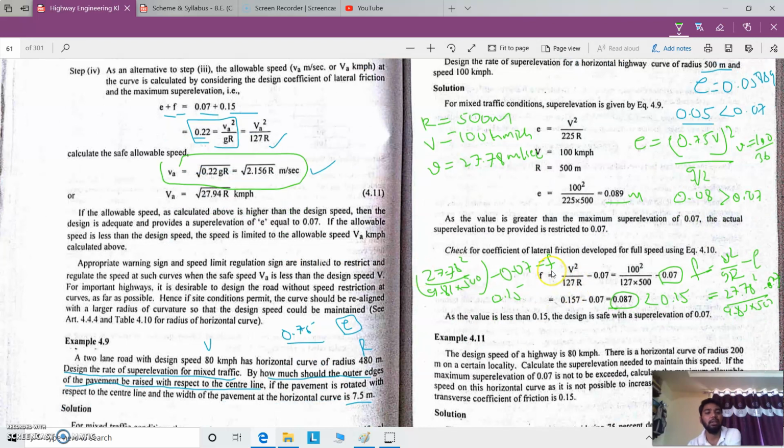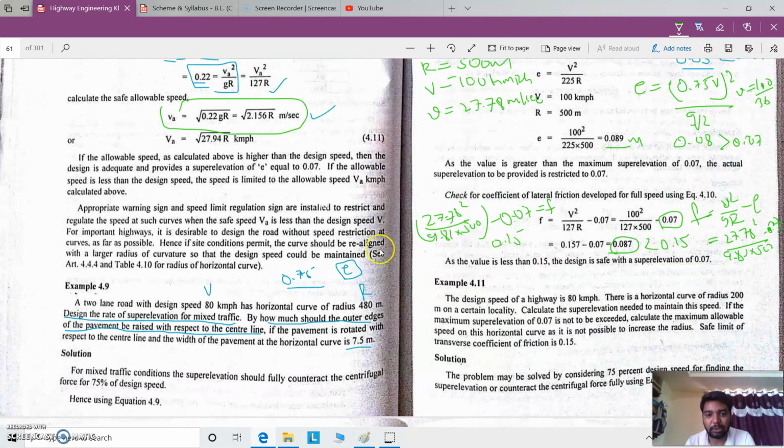This speed is not considered at that time. We have to find another speed which is safe for super elevation of 0.07 and friction of 0.15. If it is safe for the particular friction and super elevation, then that can be adopted on the highway with a signboard, that is, a restriction speed.